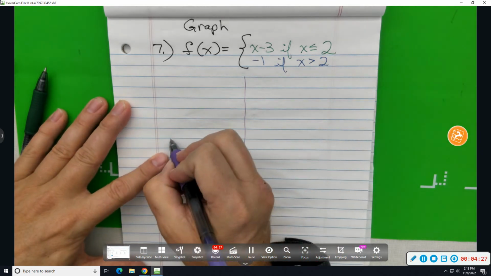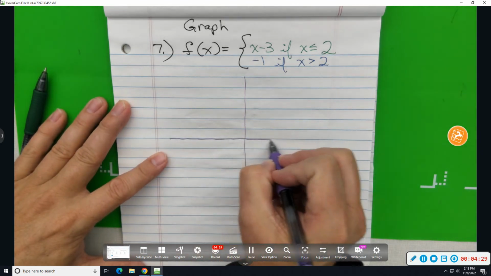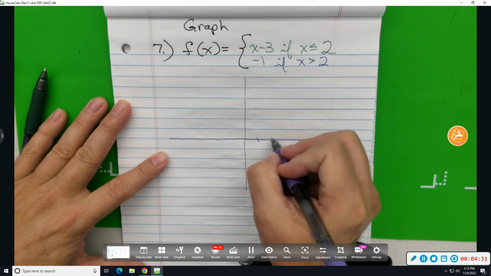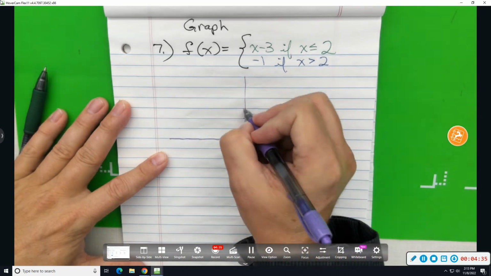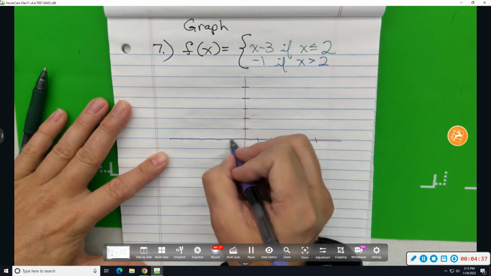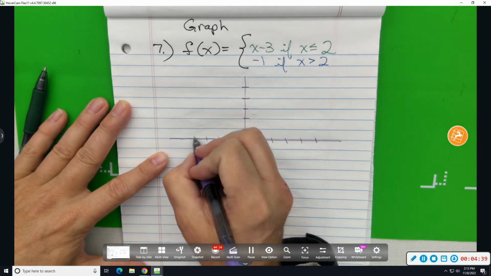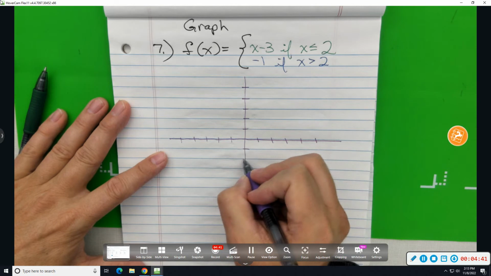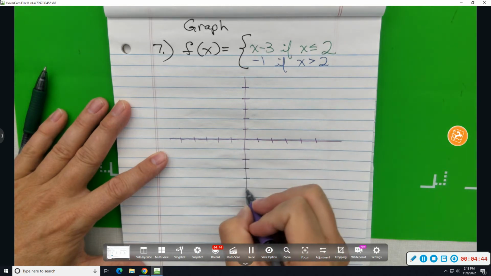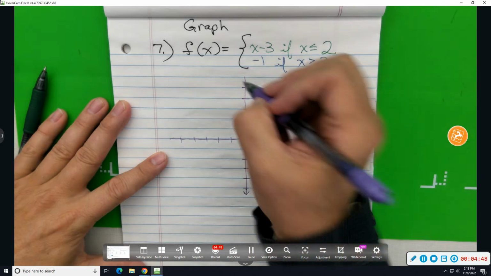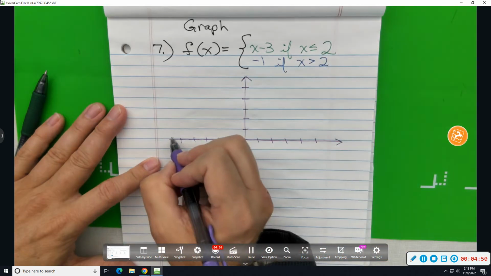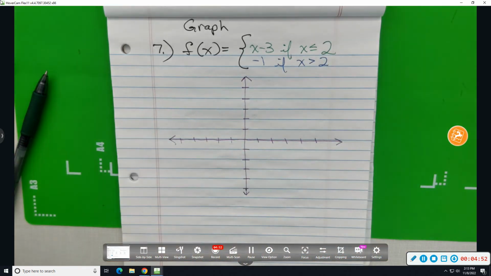When we're graphing piecewise functions, we're just plotting points, really. But we plot points intelligently. We don't just start randomly choosing numbers to plug in for x.